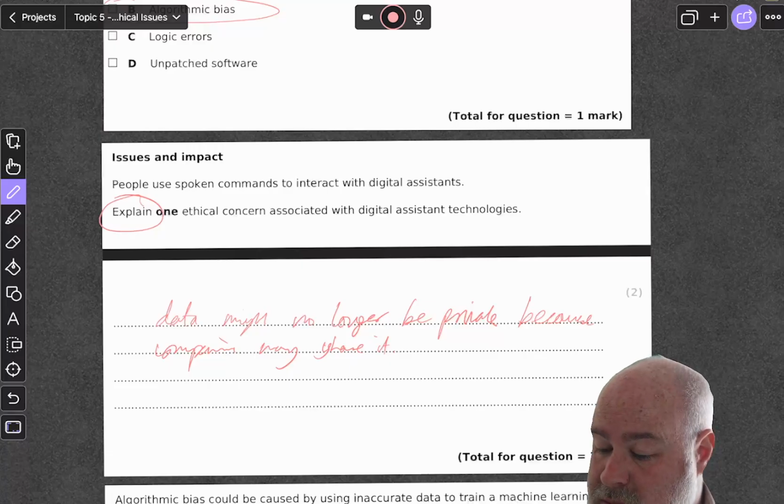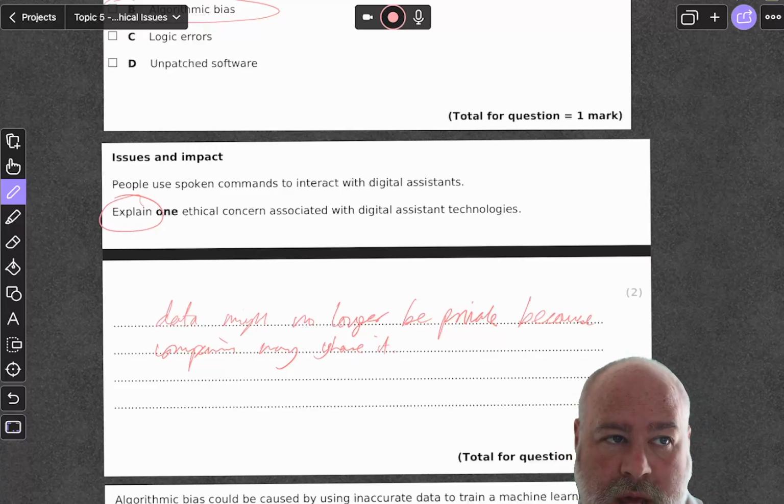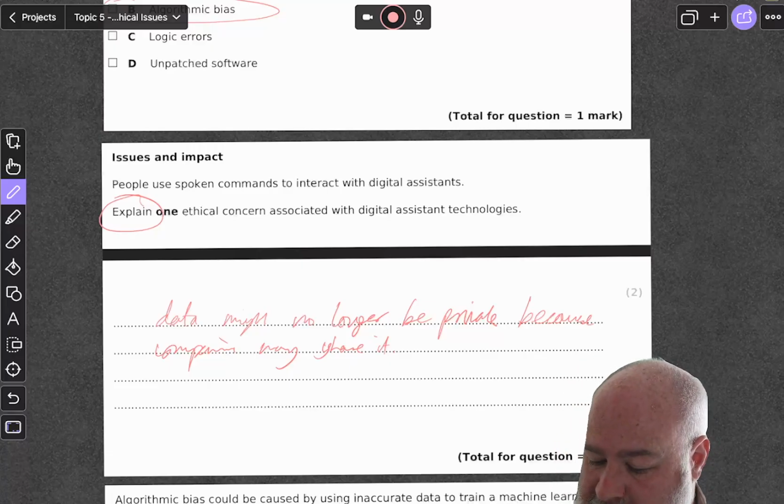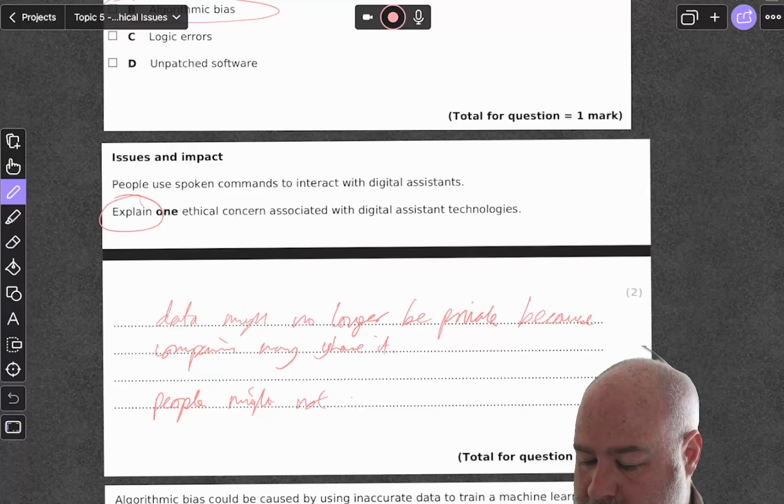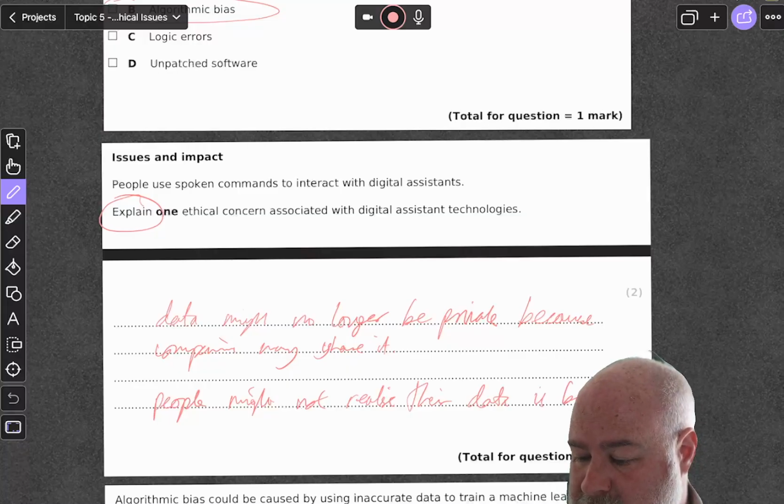They may share your data. I can say people might not realize their data is being analyzed.